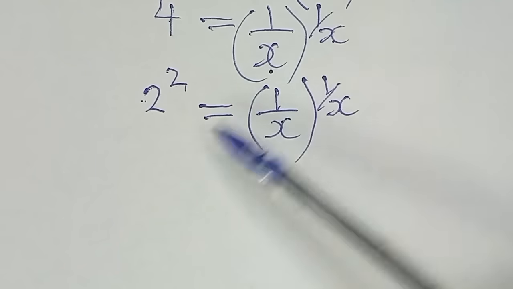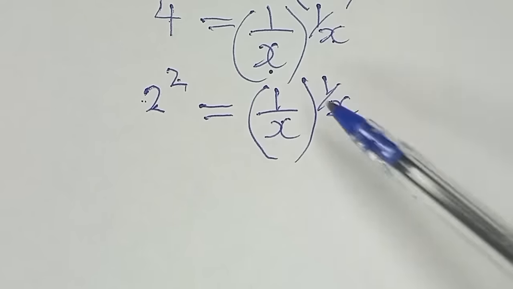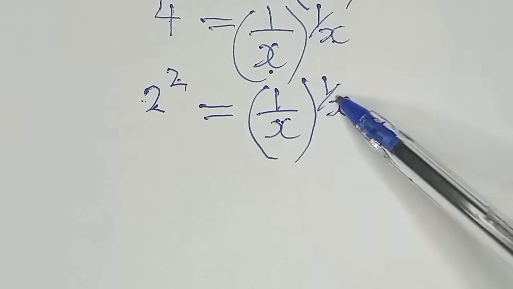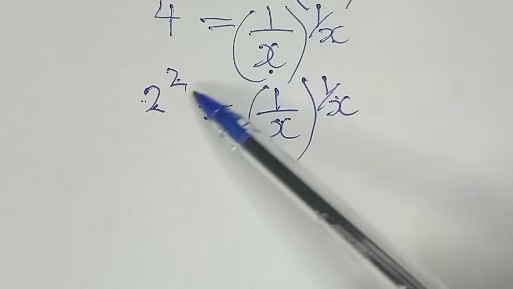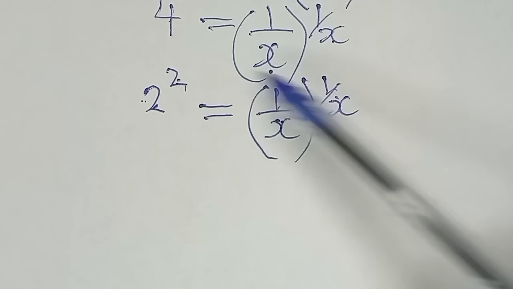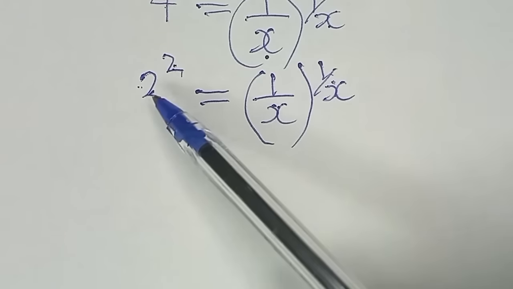So don't forget, if you have base equal to power on one side of an equation, and you also have base equal to power on the other side of an equation, you also know that in that case, the two of them are equal. Is that okay? And then from there, we can now compare.